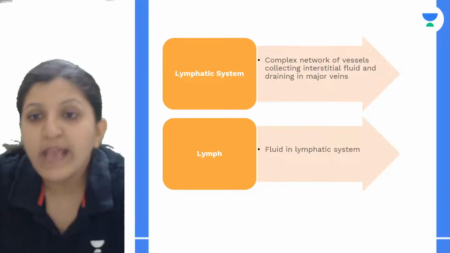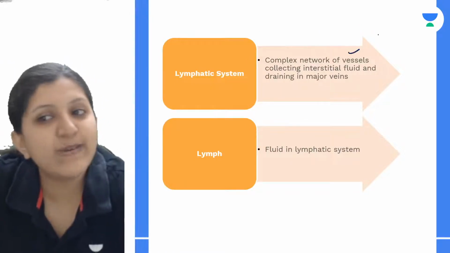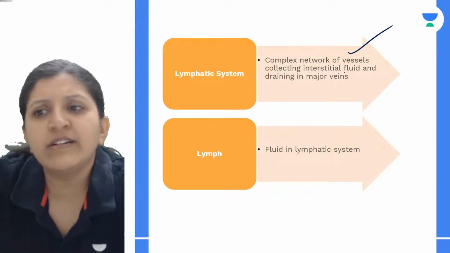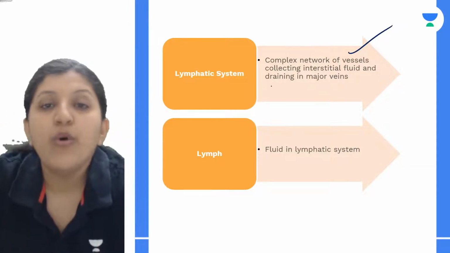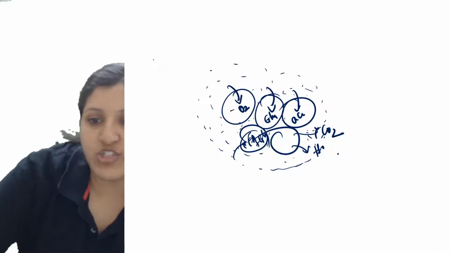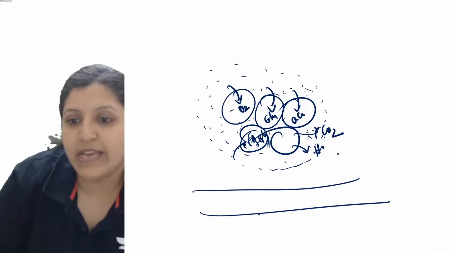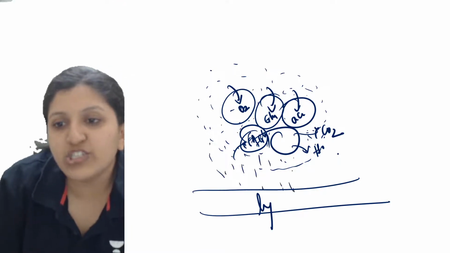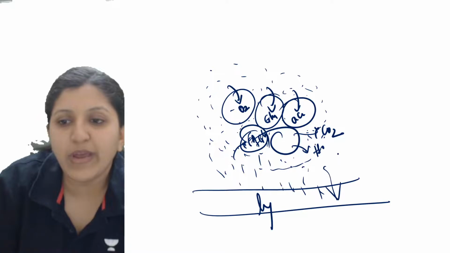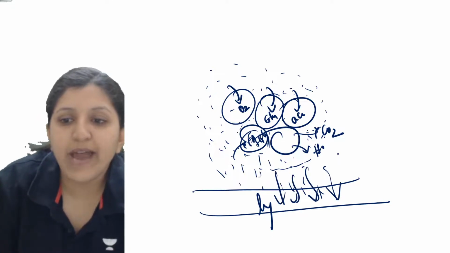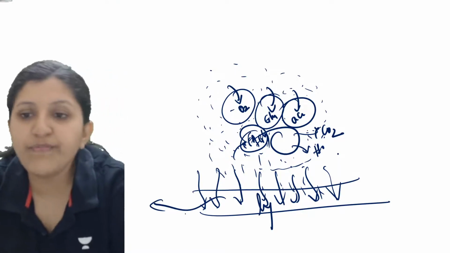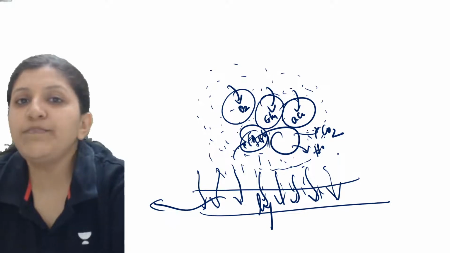So the lymphatic system is there, which is basically a complex network, having interstitial fluid itself, which I already mentioned here. Just below this you can find a lymphatic vessel. So this excess fluid, after the exchange is done, is now going to enter this lymphatic vessel. As it enters the lymphatic vessel, you can see there is a flow of lymph back into the vena cava.